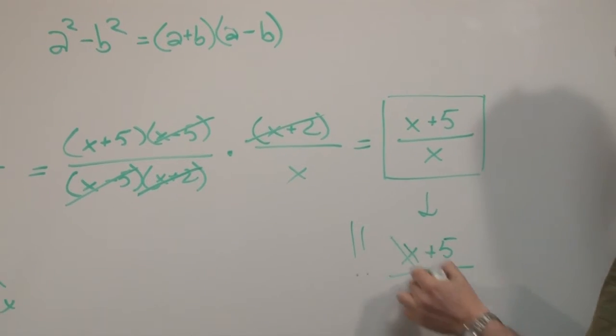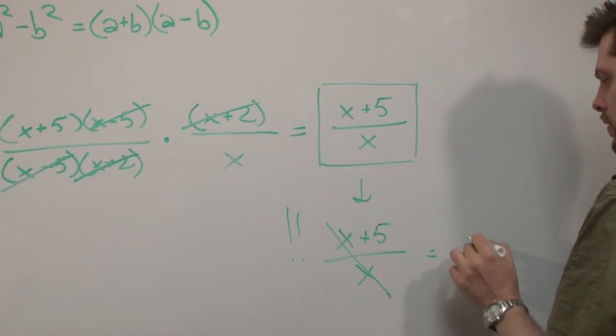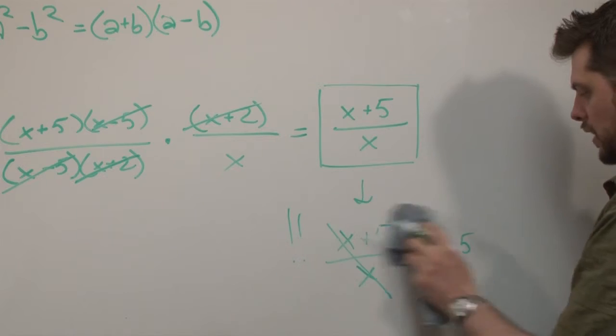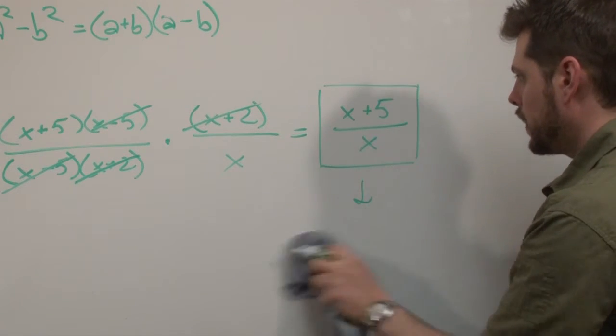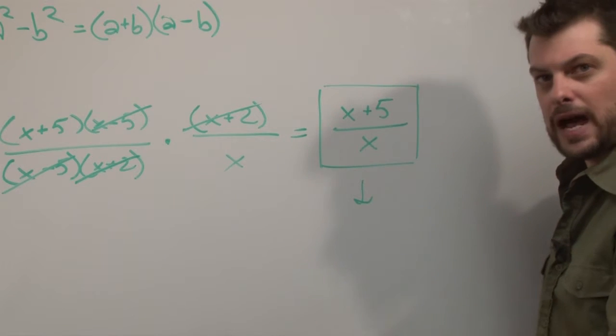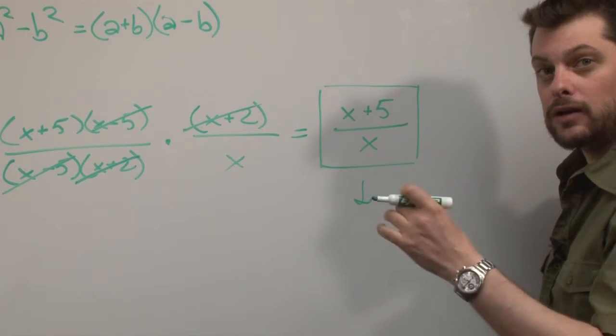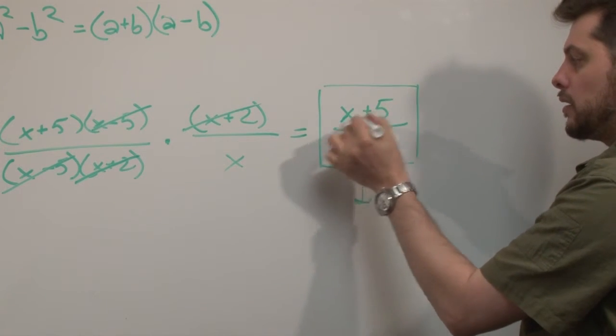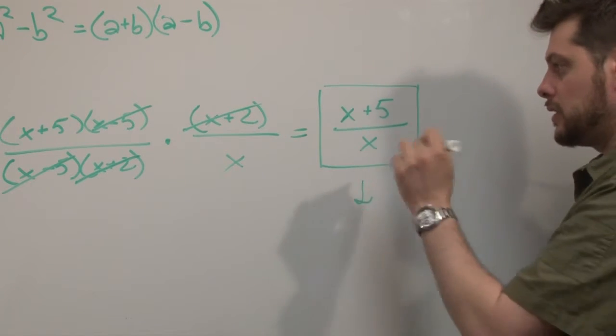You might say, oh, this cancels, therefore all I'm left with is 5. This is not mathematically correct, okay? Because x can represent any number. What we're looking for are common factors, not like terms, not common terms. x is certainly a common term here, but it's not a common factor in this case.